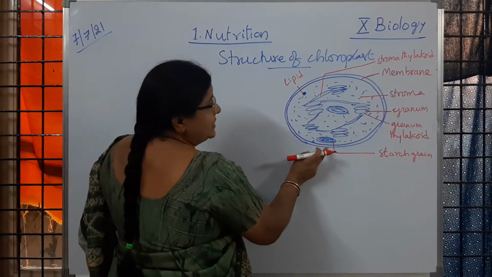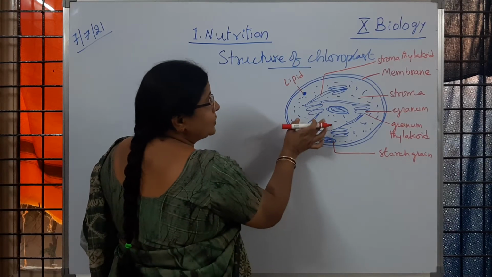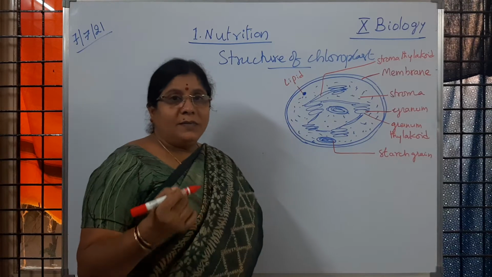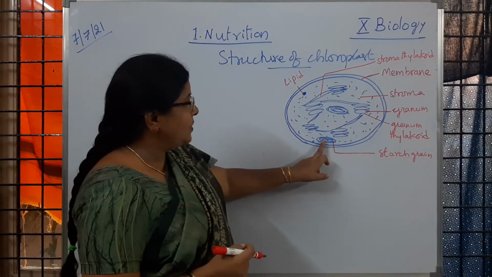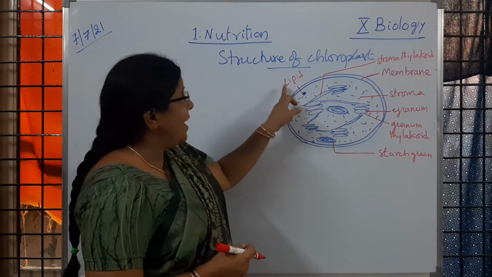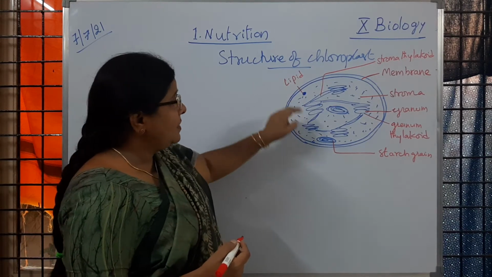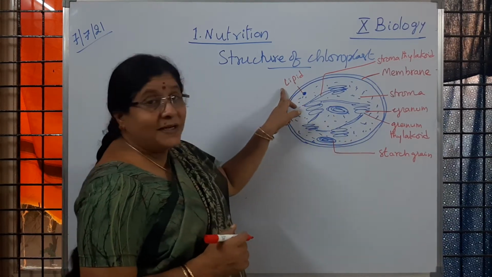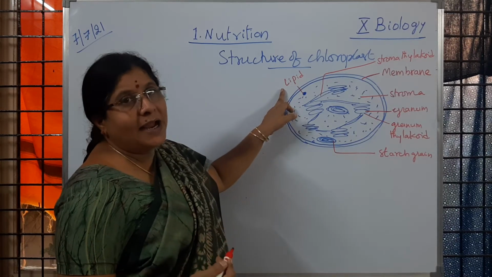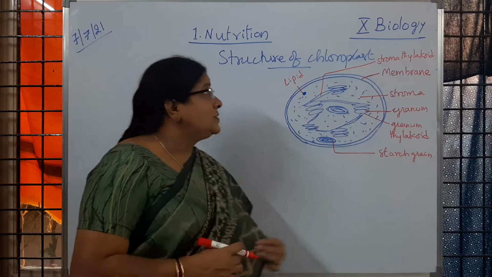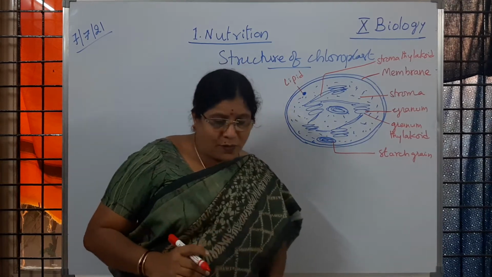Coming to the next point here, as you know, chloroplast helps in preparing food by the process of photosynthesis. We are going to observe starch grain also and lipid globule also, lipid molecules also. So starch and lipids are prepared by the plants by the process called photosynthesis. Is it clear to children? So this is the structure of a chloroplast.